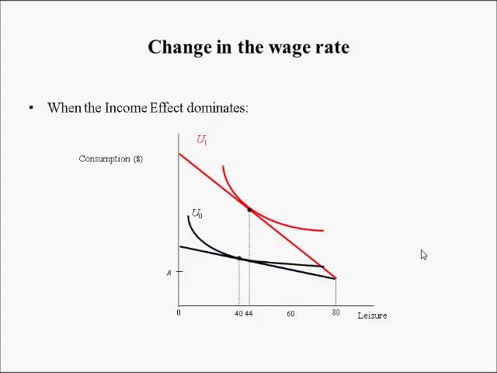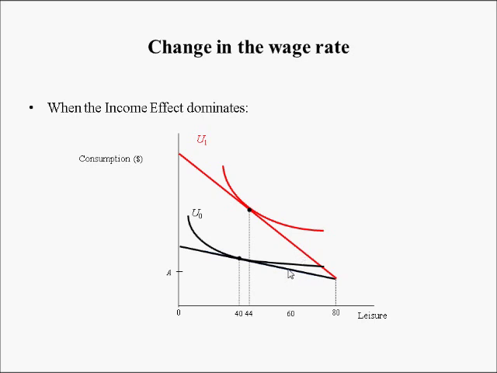So here it goes. When the income effect dominates, and you're decomposing substitution and income effects, you start at the original budget line. The black line is the original budget line. Going from black to red suggests that the wage is increasing.